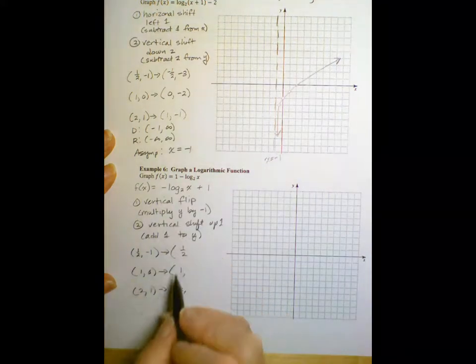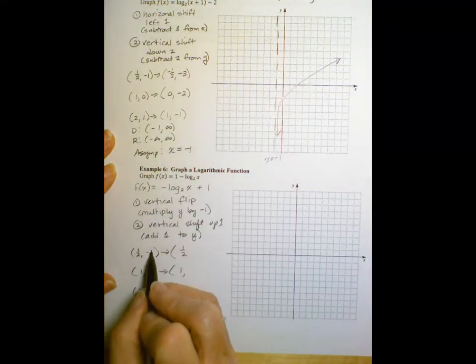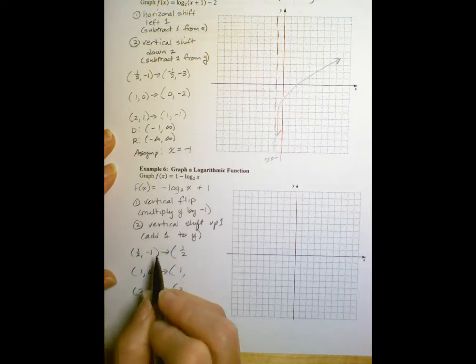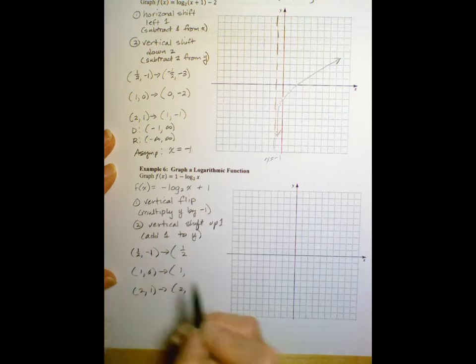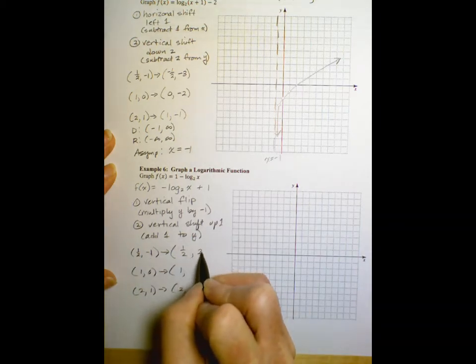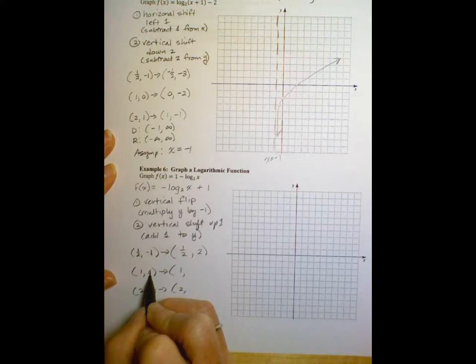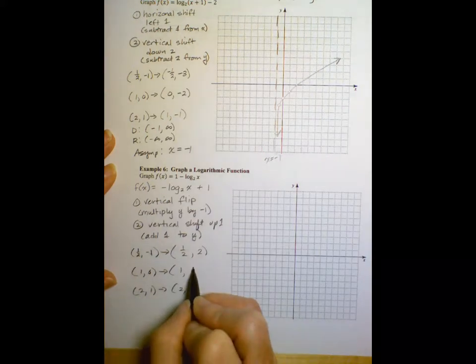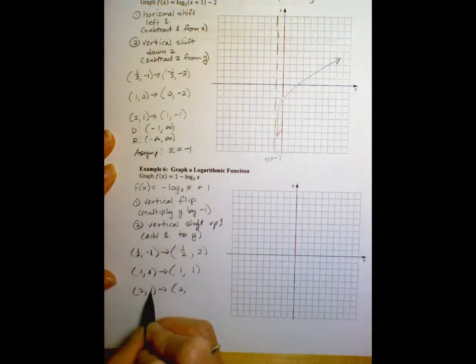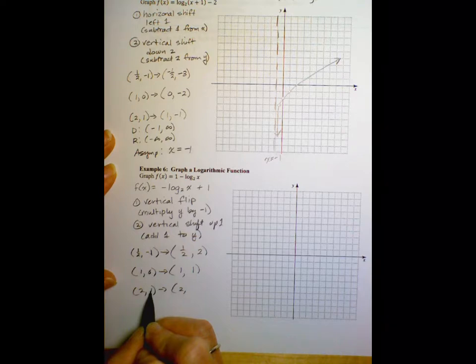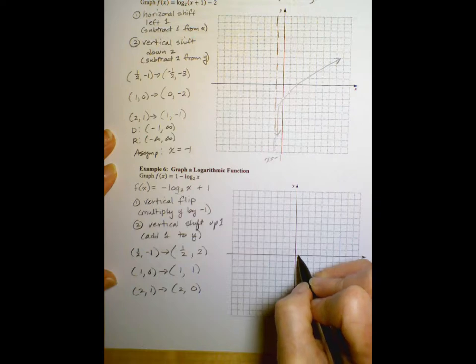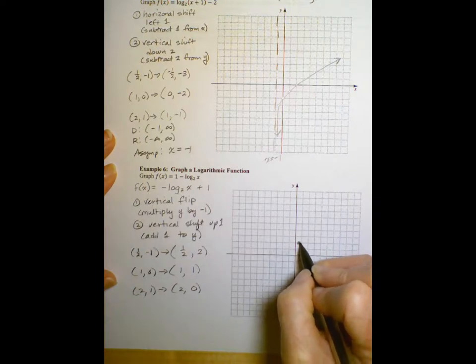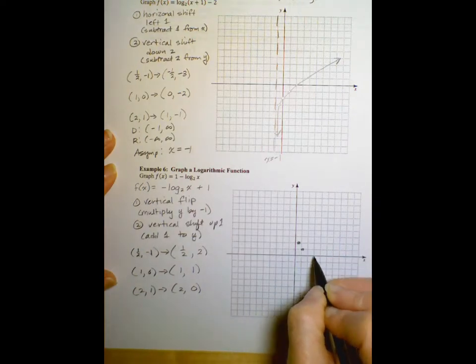We said we're going to multiply our y's by -1 and then add 1. -1 times -1 is +1, and 1 plus 1 is 2. 0 times -1 is 0, plus 1 is 1. 1 times -1 is -1, plus 1 is 0. Okay, 1/2, 2, then 1, 1, and 2, 0.